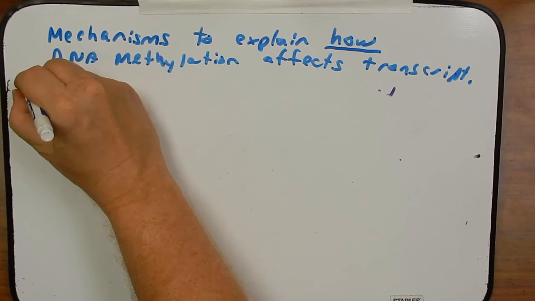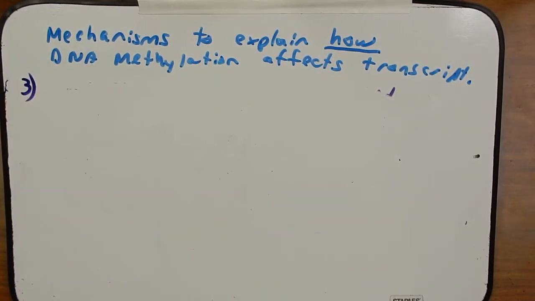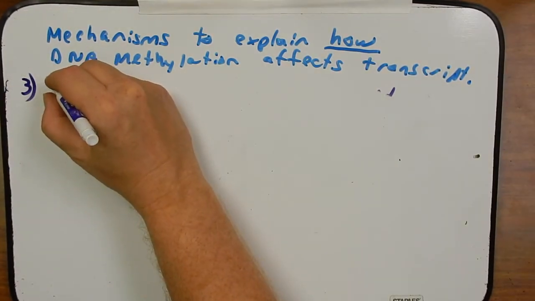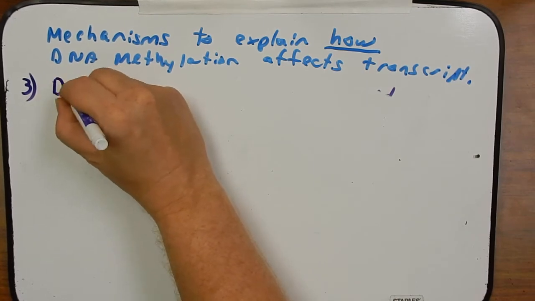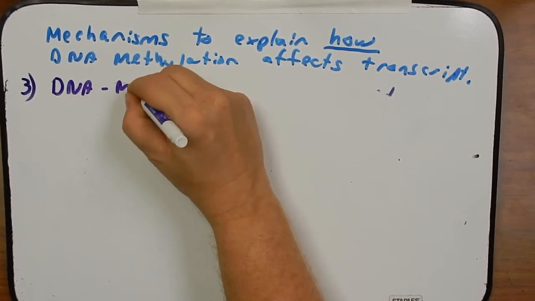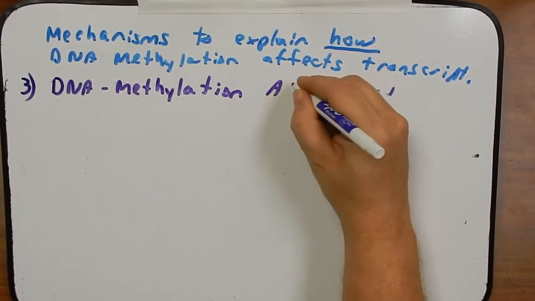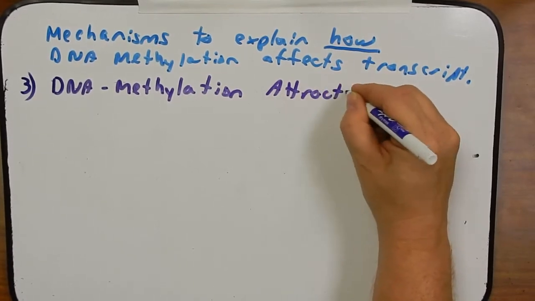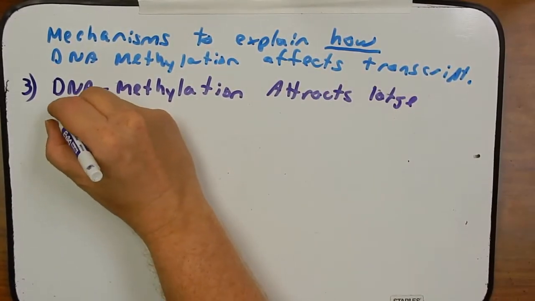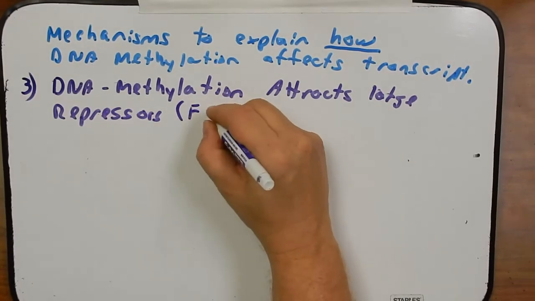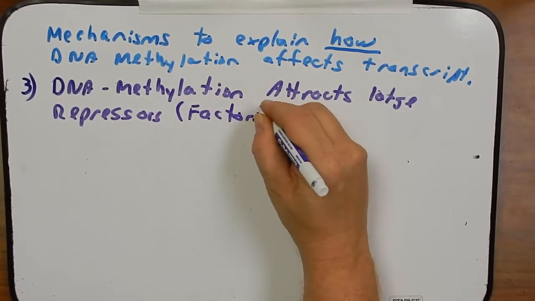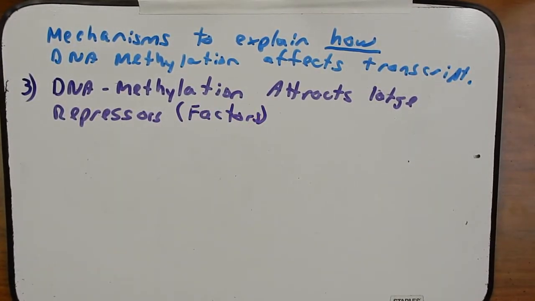Okay, let's talk about this third and final mechanism. And this mechanism suggests that DNA methylation attracts large repressors. These would be large repressing factors. These large aggregates of proteins that come together to have a common function, like we talked about before with the SNF factors.